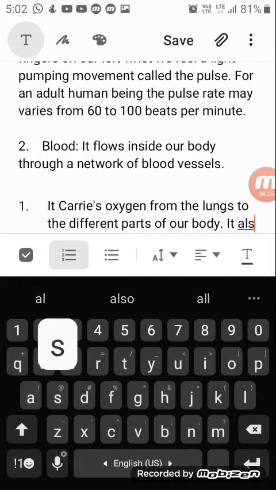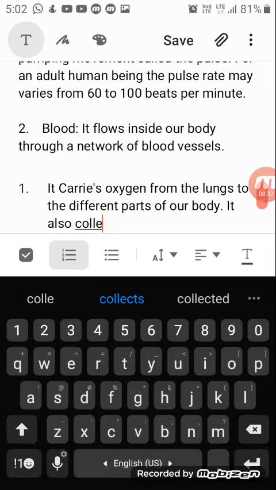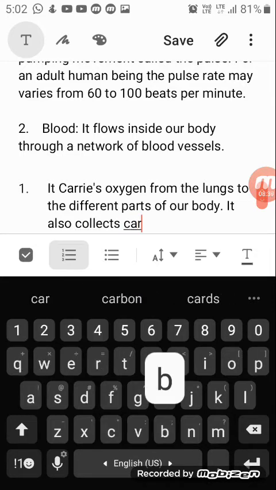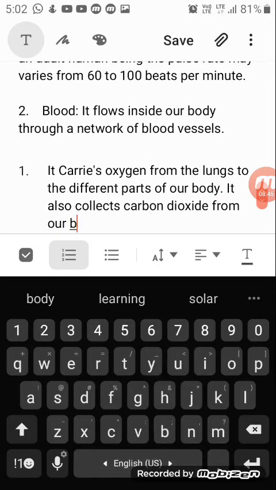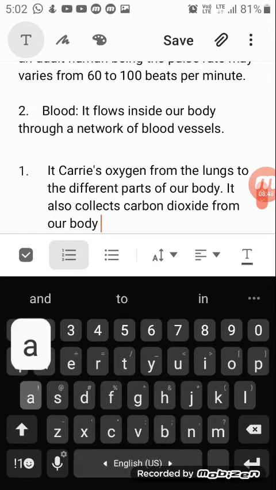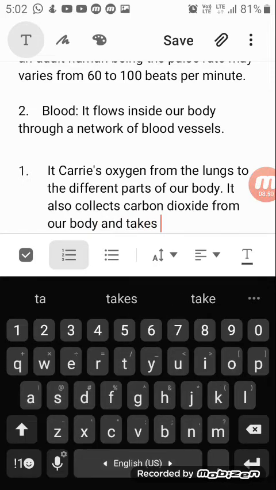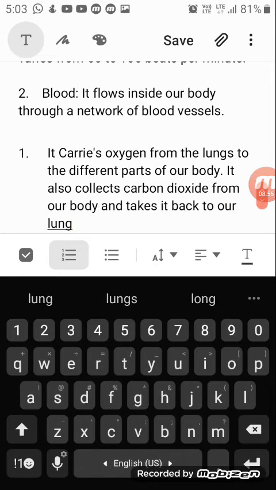It also collects carbon dioxide from our body and takes it back to our lungs.